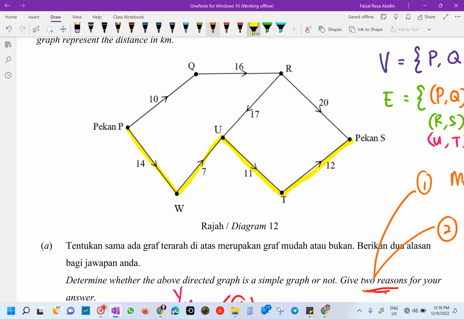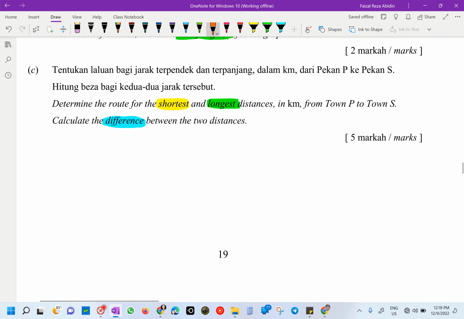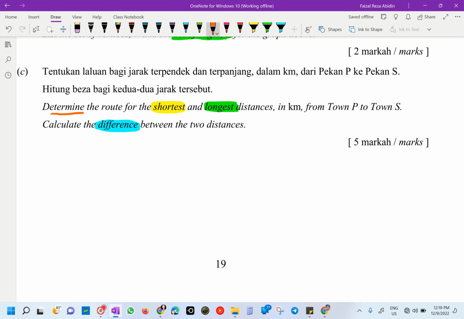The question says determine the route. The route means that the shortest here is going to be P to W to U to T to S. This is going to be the route.